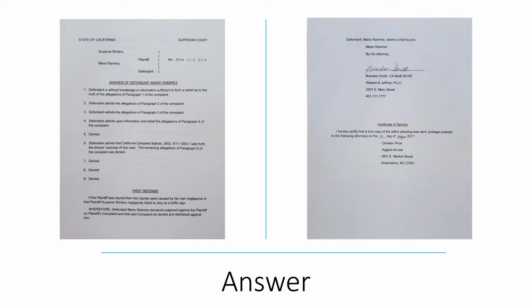And so when the plaintiff sent their complaint, they filed a copy with the court, but they also had to get a copy served on the defendant. And the defendant is not actually in the case until the plaintiff properly serves them. Now, the requirement that the plaintiff serve the defendant of a complaint is a procedural rule.